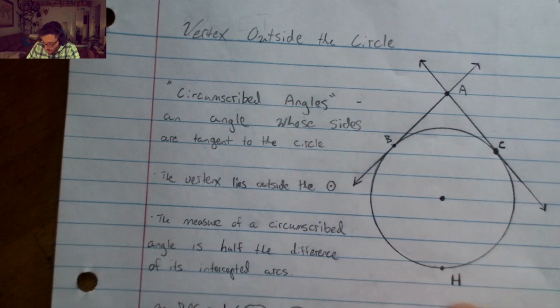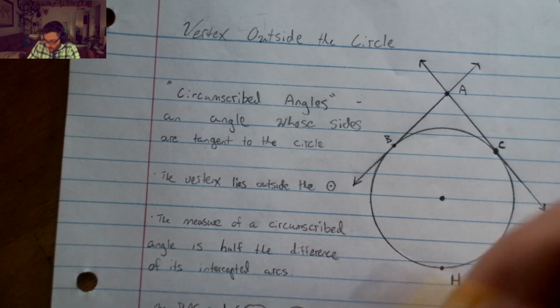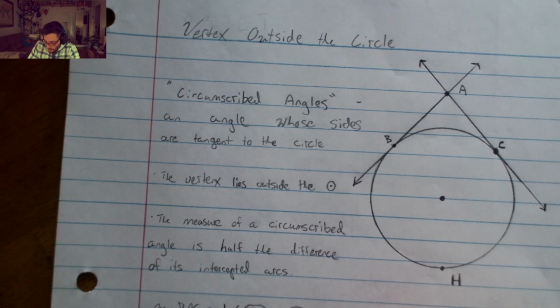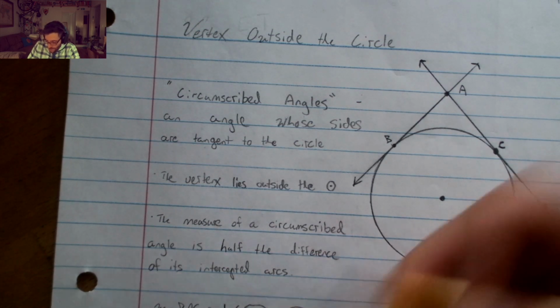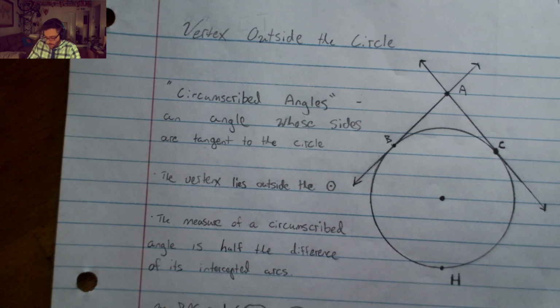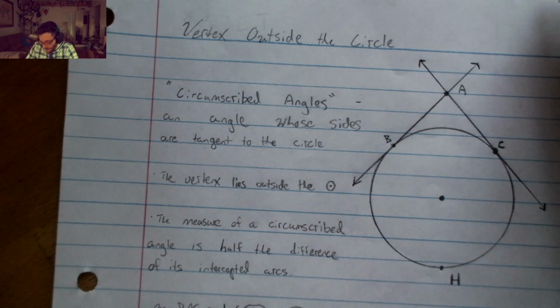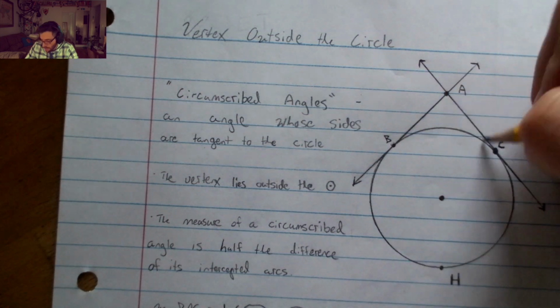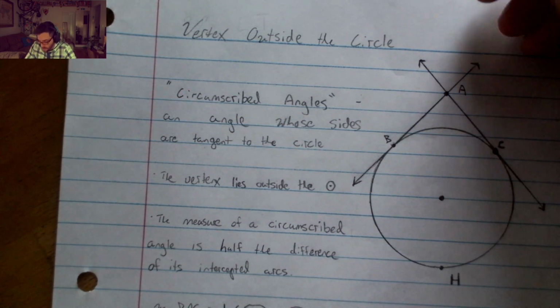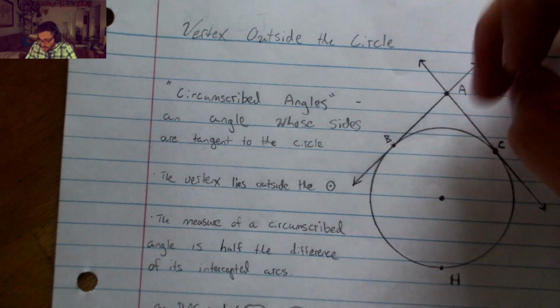So we'll say 60. We take this value, which is 240. We multiply it by 1/2 or divide it by 2, and we get a value of 120 for our angle on the side here.